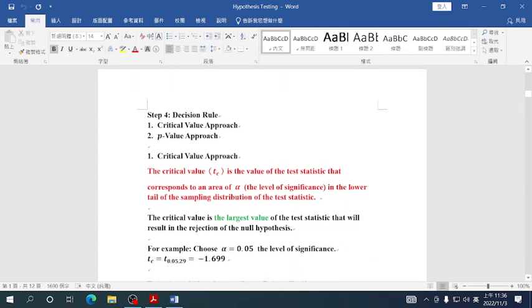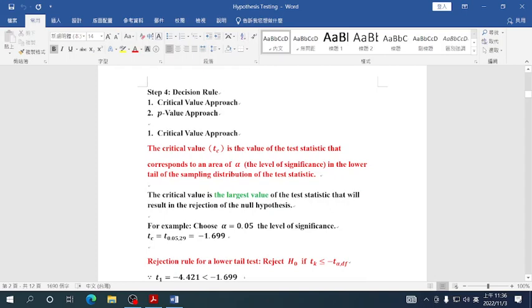Okay, the critical value, TC, is the value of test statistic that corresponds to area of alpha in the lower tail of the sampling distribution of the test statistic. Okay, so this is the lower tail of the T distribution. Then, so what do we mean by critical value? The corresponding to the level of significance.